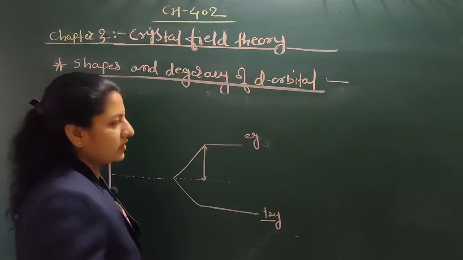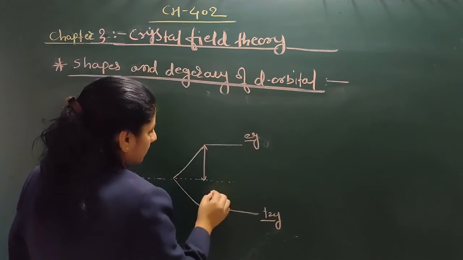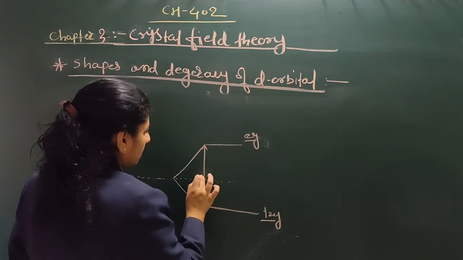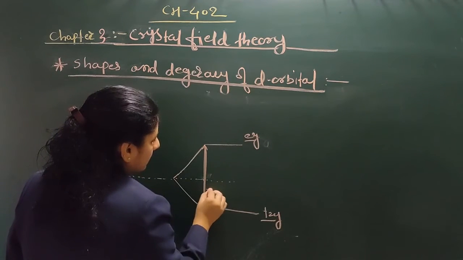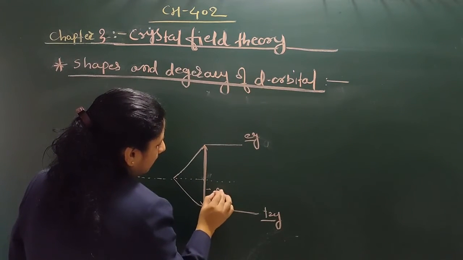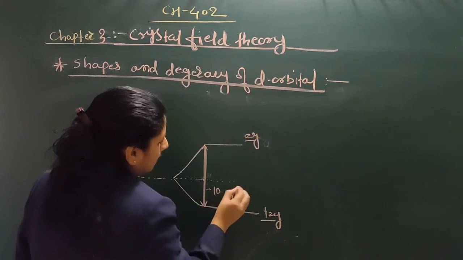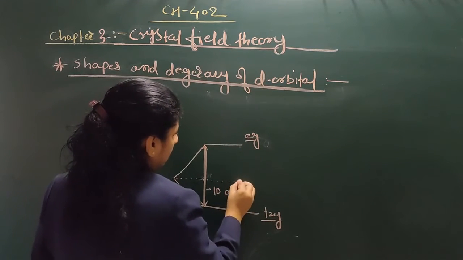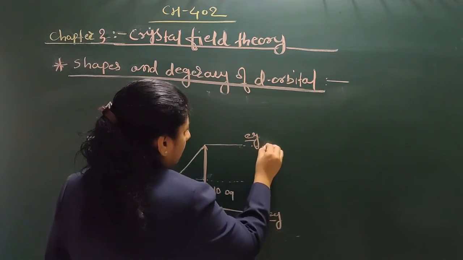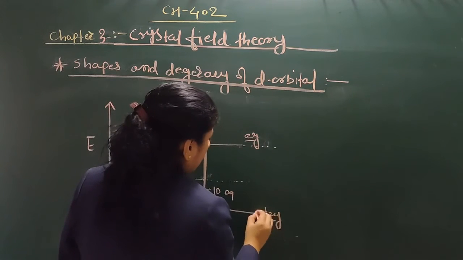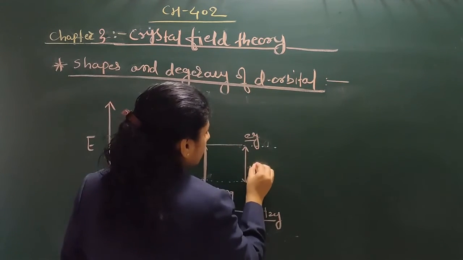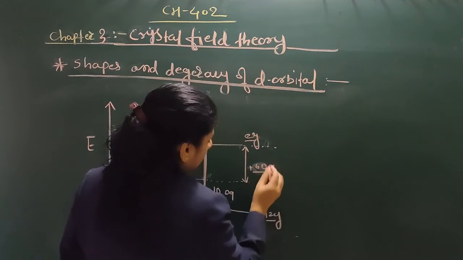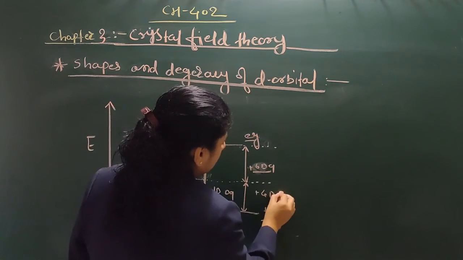The eg has a higher energy than t2g. The total energy separation is 10 dq, and for eg it will be plus 6 dq.